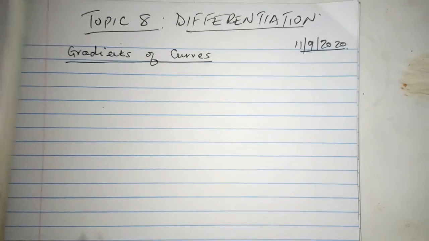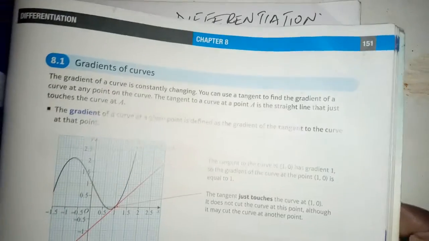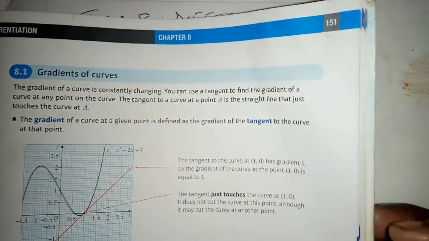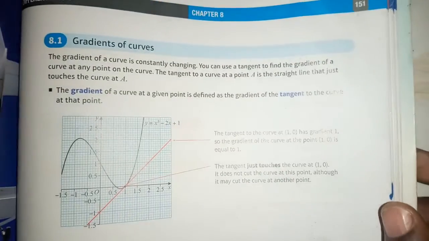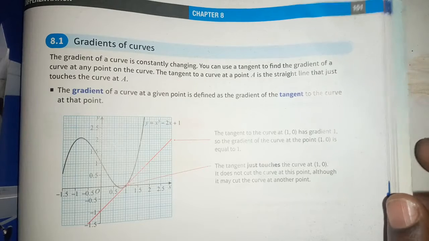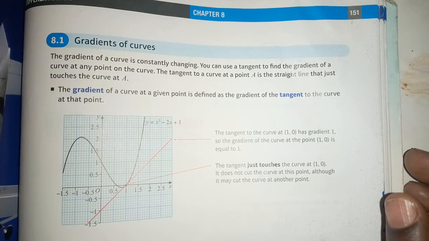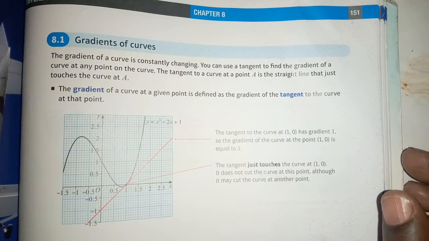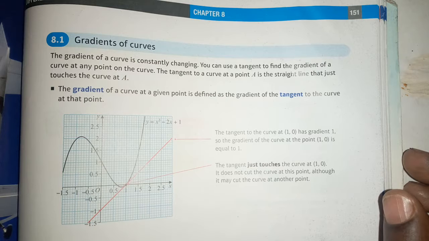And we know that the gradient of a curve is constantly changing. You can use a tangent to find the gradient of a curve at any point on the curve.